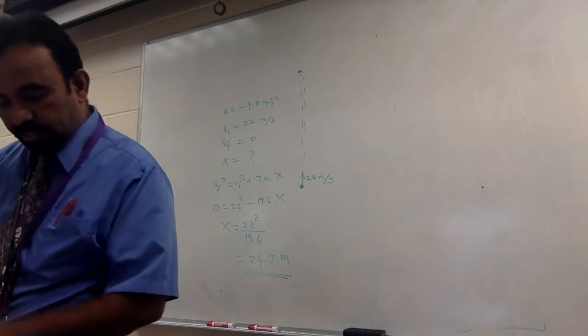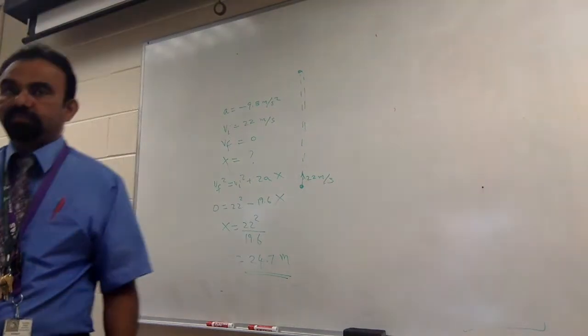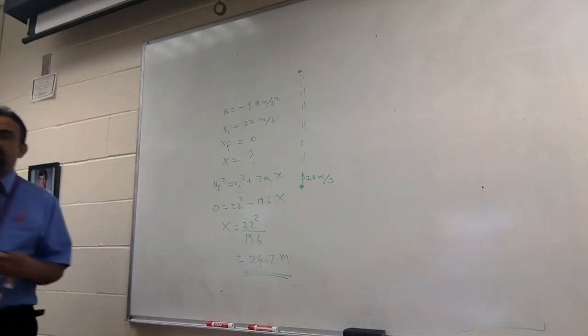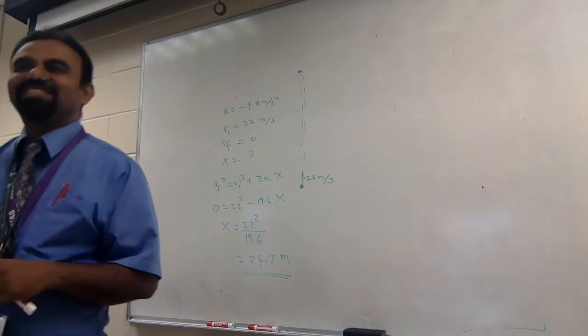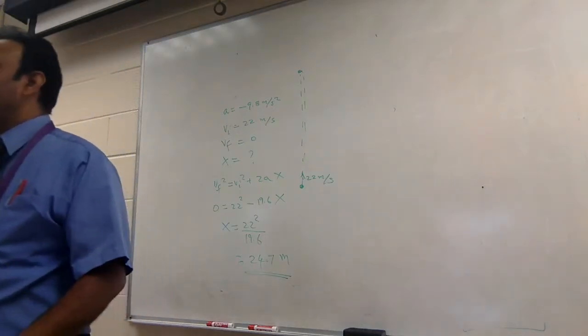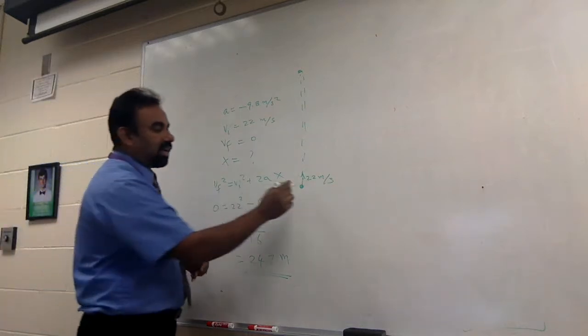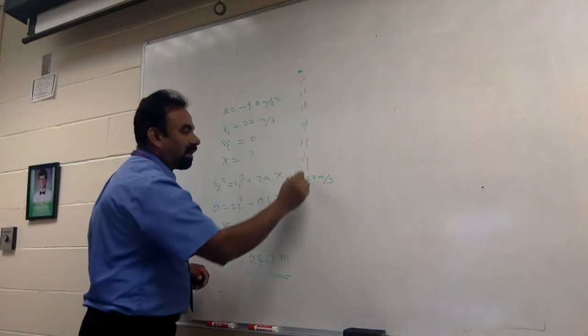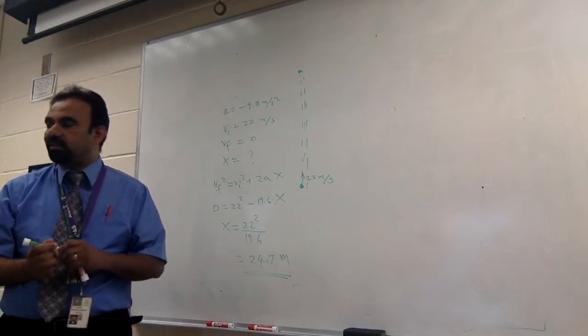And the next part of the question says, how long is the baseball in the air? I know I said baseball. How long is the baseball in the air? So now we have to start from here and go all the way back again to here, because that's the time it's going to stay in the air.